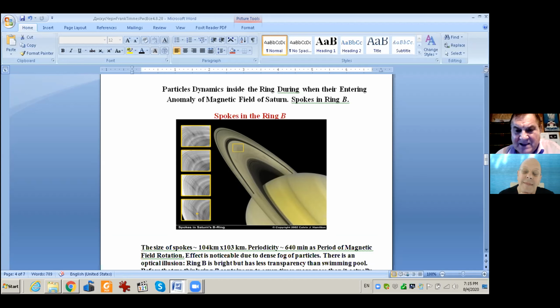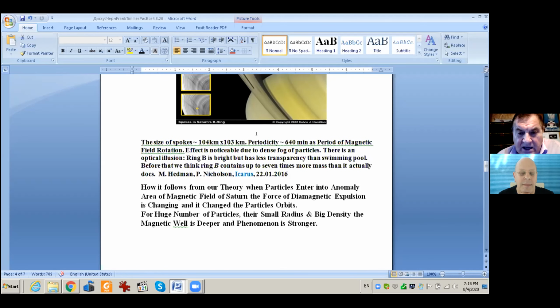When particles enter an anomaly of the magnetic field of Saturn, and there are anomalies of the magnetic field of Saturn, we have registered spokes, which look like the spokes of a wheel of a vehicle. It's a well-described phenomenon, but we have to add something to make what we think more understandable.